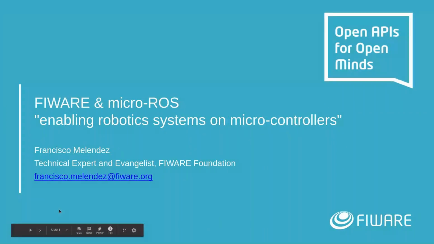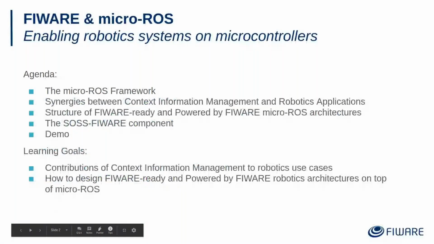What are we going to see today? The agenda will cover first some introductory slides about the micro-ROS framework. Then we will go through some explanation on the synergies between context information management and robotics applications. And then the idea is to go through the structure of FIWARE-ready and powered by FIWARE micro-ROS architecture.